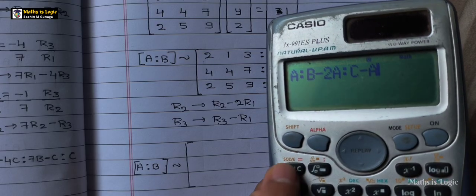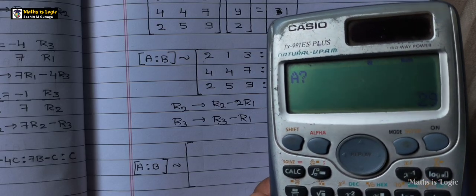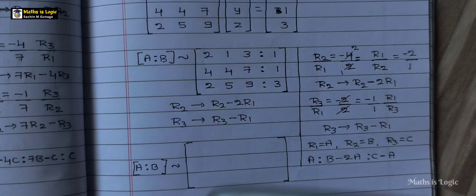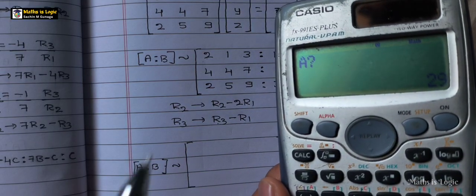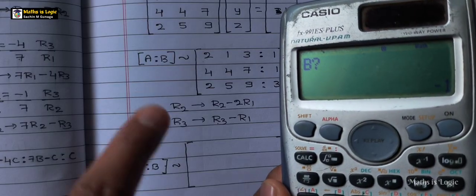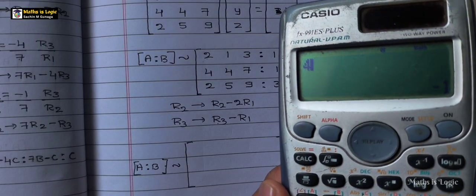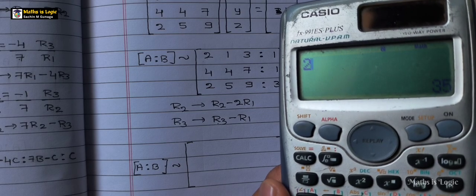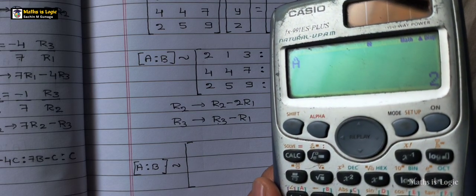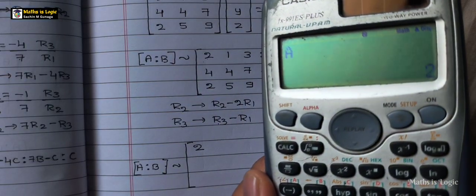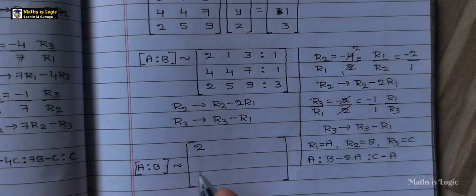So this is calculate. At that time it will ask for the first column values 2, 4, 2. The A value is 2, equals, the B value is 4, equals, the C value is 2. Press equals, and the resulting first column values are 2, 0, 0.